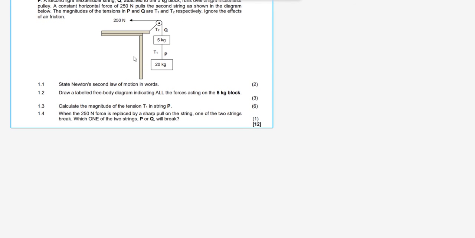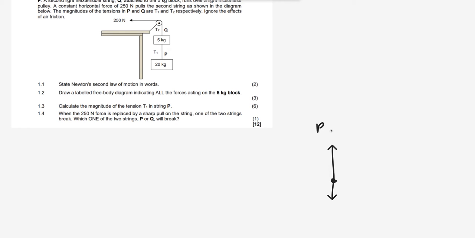So let's first draw a free body diagram for block P, which is 20 kg. We have T1 going up and we have weight going down. So this is the free body diagram for block P.